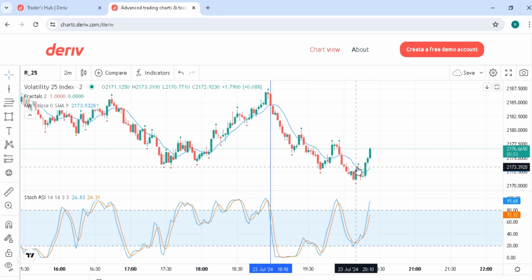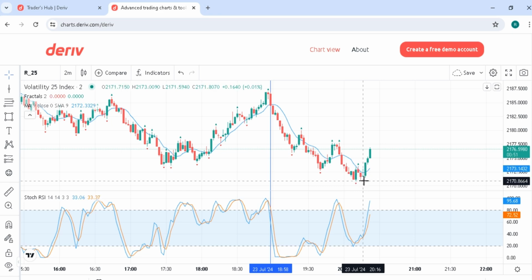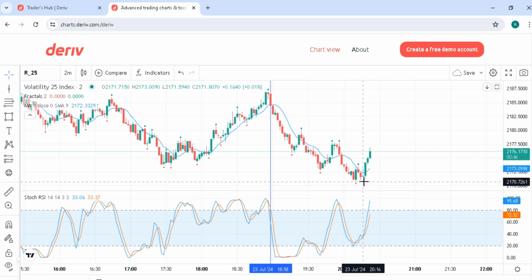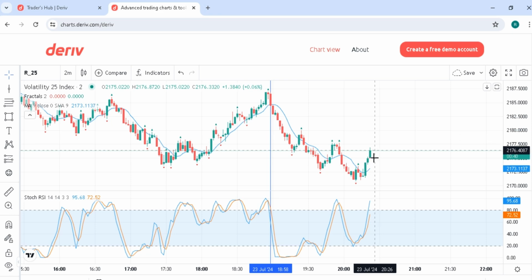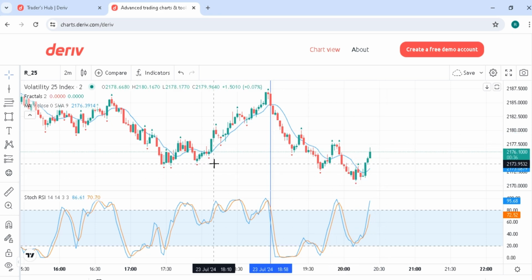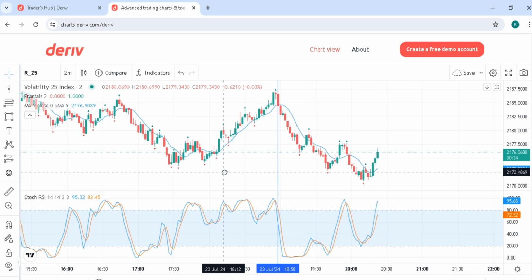Then the green one shows that the market is changing to a fall. So as this one continues to form, the Williams fractals are expected to form here. The red one will form here again, showing that this market is now rising. So that means the Williams fractals is basically used to confirm that the market has really changed.